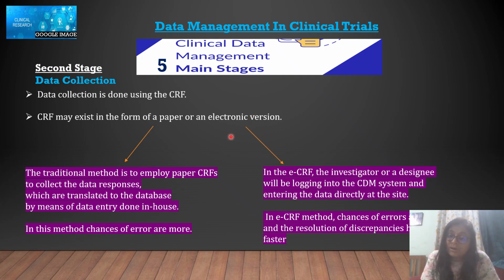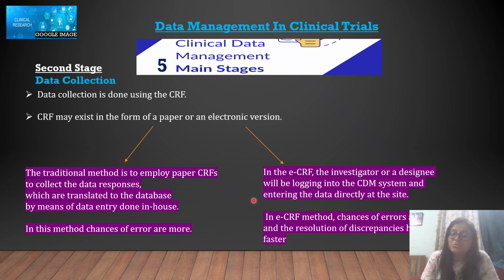In the eCRF, the data is done in the system and entered directly there, so there is no loss of data unless that system has been corrupted or something like that. So in the eCRF there is less error of data.